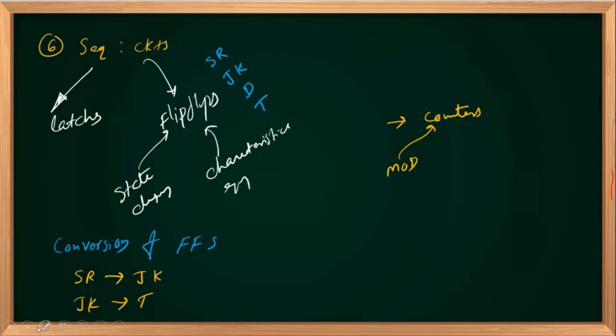Basically, you're having two different kinds of counters. One is a synchronous counter, and asynchronous counter. Synchronous counters will be having the same clock signal for all flip-flops, whereas asynchronous counters will have different clock inputs. Output of a flip-flop is connected to the clock input of another one.